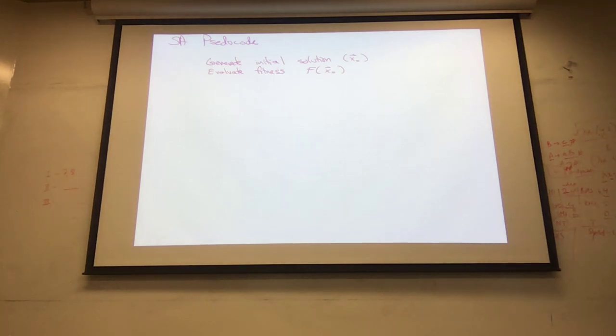And then we're going to have a constant, I'll call it beta here, which we can think of as the number of moves at each temperature.